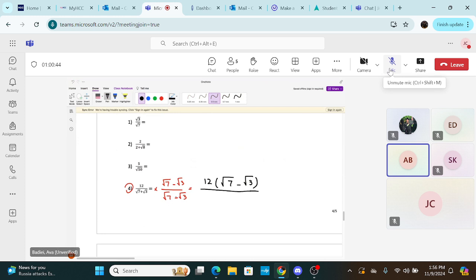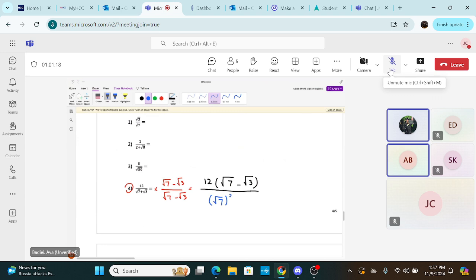Down here, we are multiplying conjugates. Does anyone remember how we do that? We just did it in the last one. Everybody tell me what they think. Let's see which one works. Wouldn't you just do the square root of 7 squared minus the square root of 3 squared, so it becomes 7 minus 3?